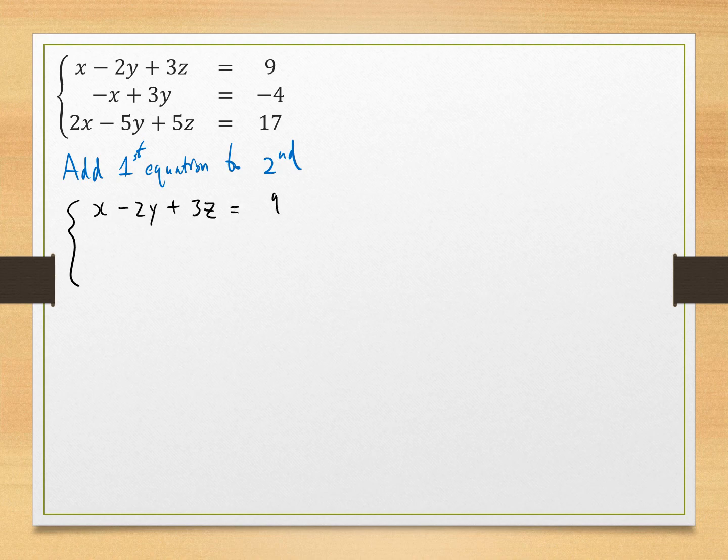unfortunately, this exercise would involve a lot of copying, but it can't be helped. So I'm just going to write down what we have right now, and then what we're going to do is add the first equation to the second.